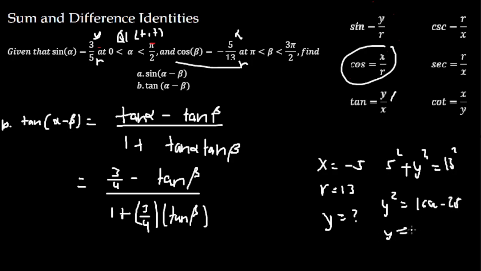Y squared is equal to 144. Square root both sides. Our y is equal to 12. And since it's located in quadrant 3, and the signs there are negative for x and y, our y will also be negative. So it's negative 12.